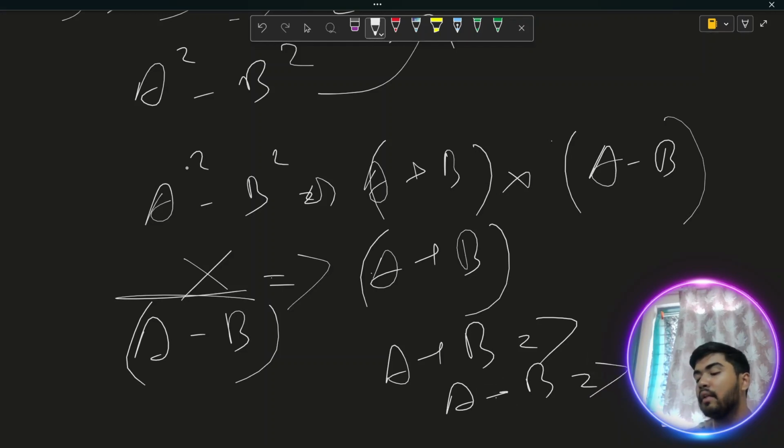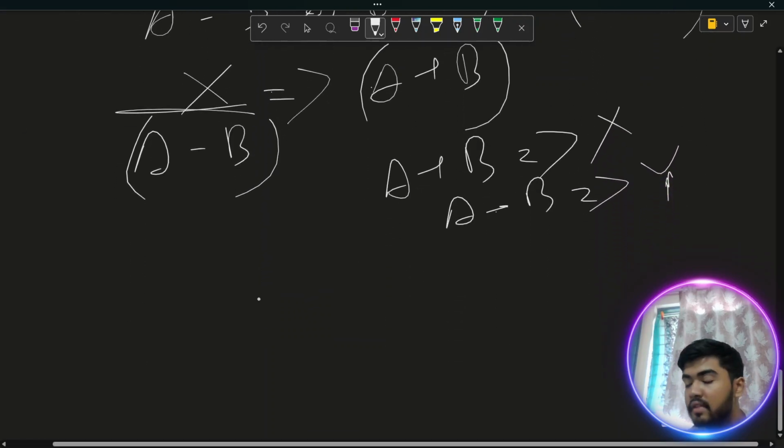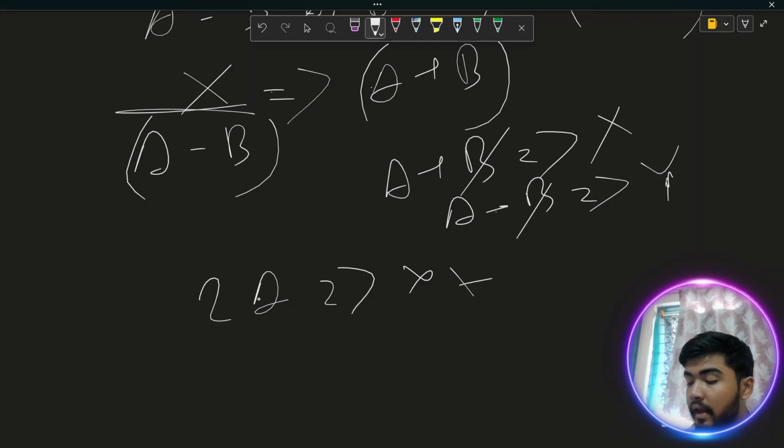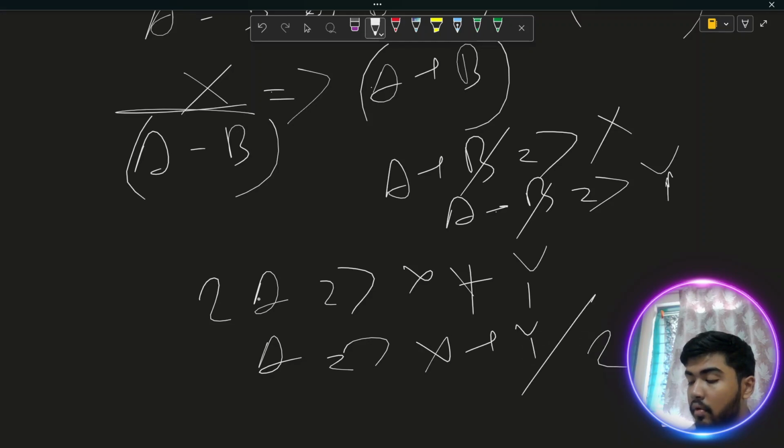So now let's consider that a plus b is x, and a minus b is y. If we sum these, b gets cancelled, so twice a equals x plus y, and a should be x plus y by 2. So we got our a, the repeated number.